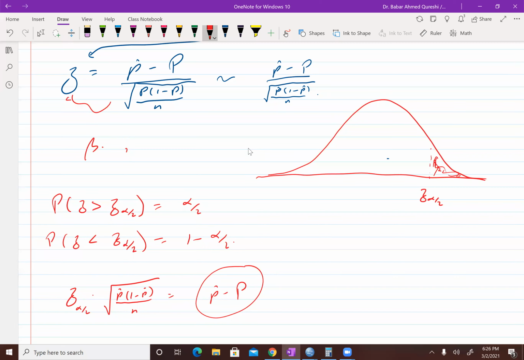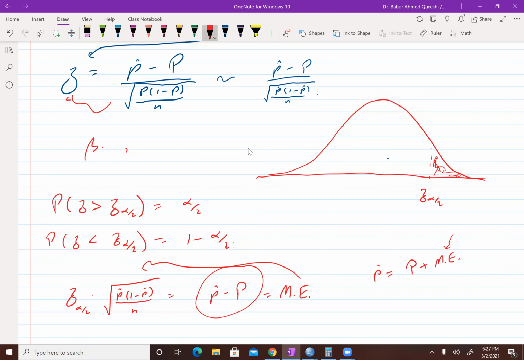And for this critical value, this would be equal to the margin of error. Because this p hat is by definition, you found it by having it displaced to margin of error from its mean value.